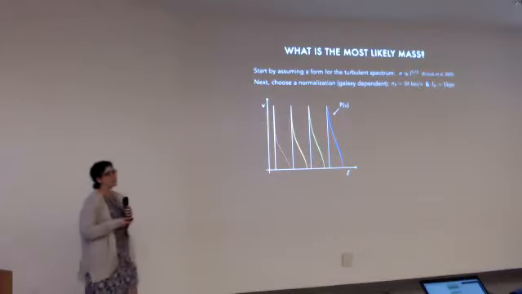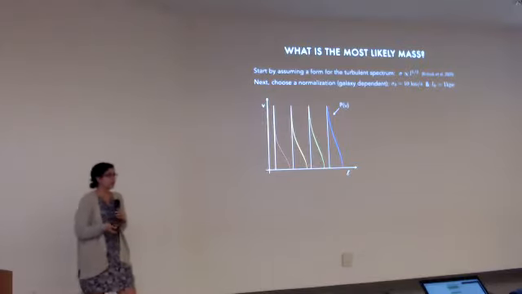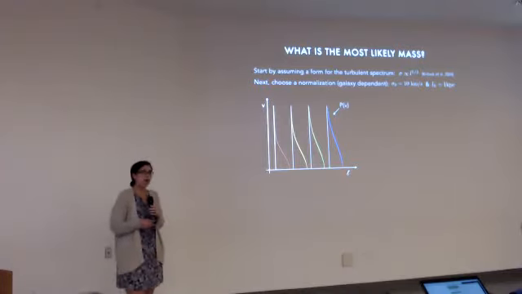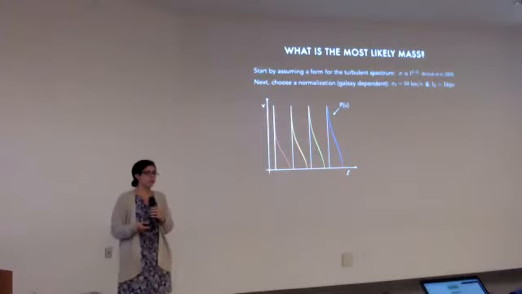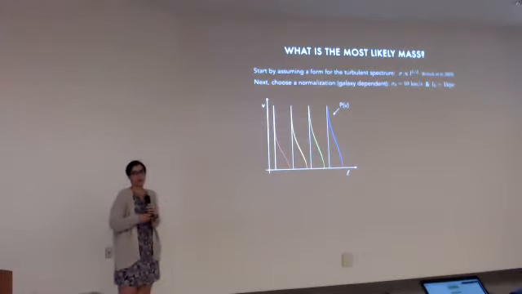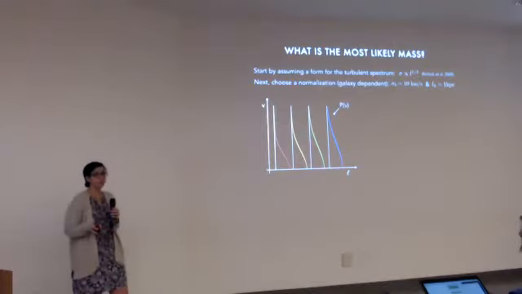Then you choose a normalization for that. This is, of course, galaxy dependent. So for my smaller galaxy, I'm going to say sigma naught is 10 kilometers per second. And if we assume that that turbulence is generated by something like superbubbles, then you assume your generation scale is 1 kiloparsec. And that gives you the spectrum.